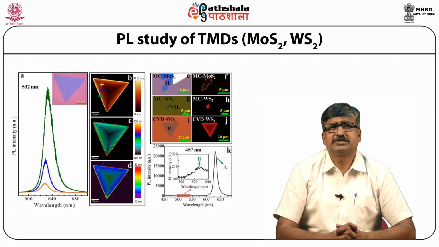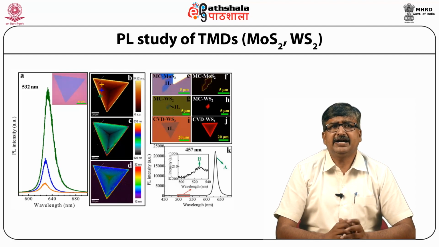Photoluminescence, known as PL, shows high quantum yield of light emission of CVD grown WS2 monolayer. The first figure shows the PL spectrum of the corresponding color point shown in figure B. B to D are the PL images of the peak integrated intensity, position and width respectively.